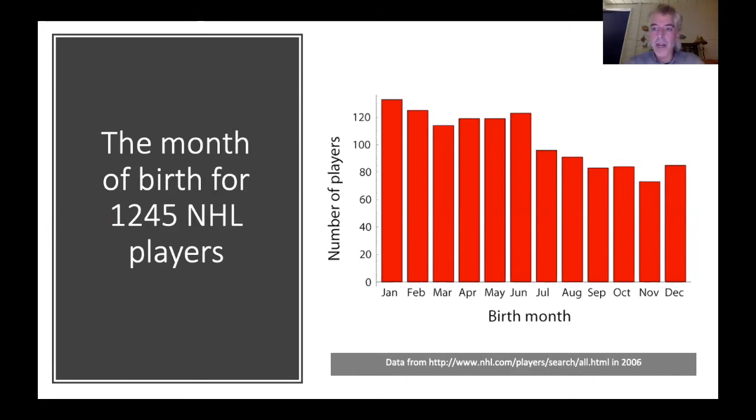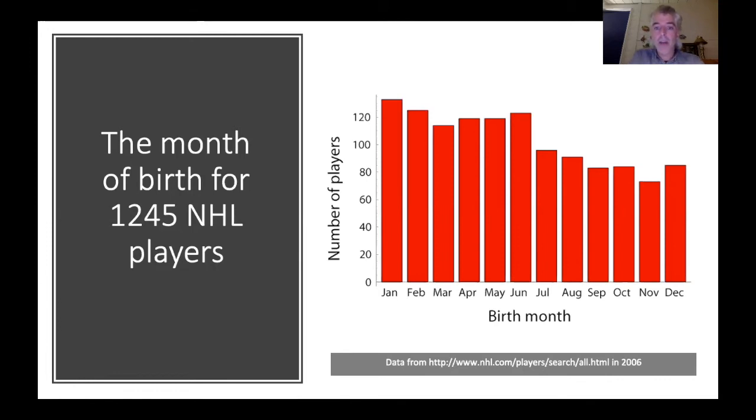So as many of you might know, I'm a Canadian and I like hockey. And so what we're going to talk about today is this interesting distribution of the number of hockey players in the NHL, the National Hockey League, that are born during each month of the year. So this is a sample that was collected from the NHL's website of 1,245 NHL players and the month that they were born in.